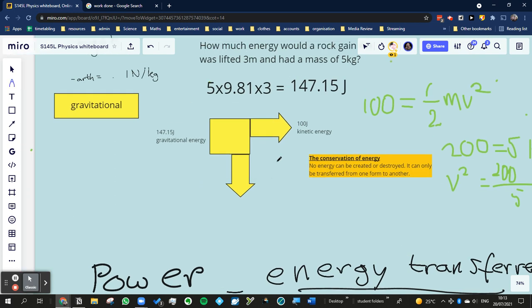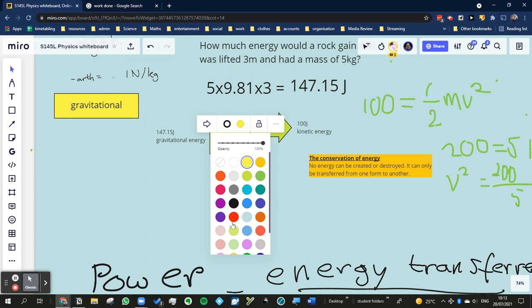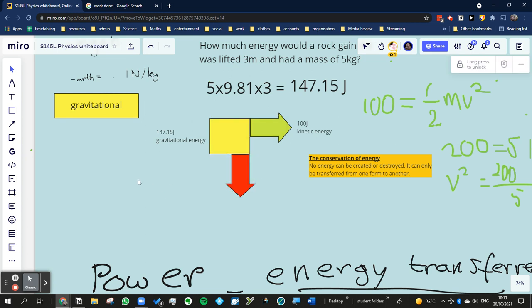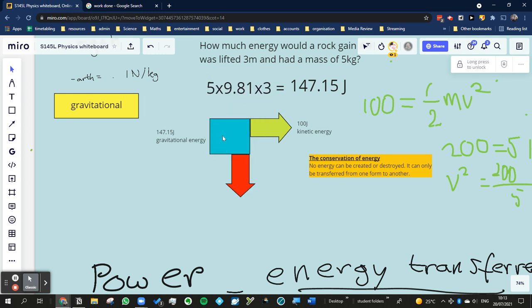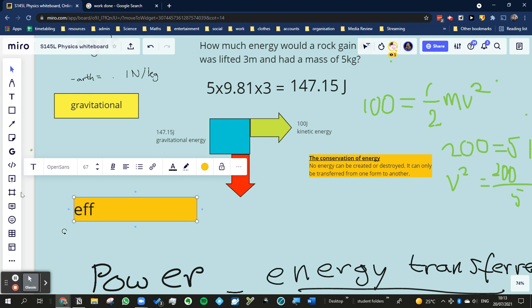Let's pretend that this is the useful energy, so we'll make this one green, and this is the wasted energy. We'll make this one red. And this was the useful energy. I think I used blue for the input energy, so I'll make this one blue. What this is, is efficiency.